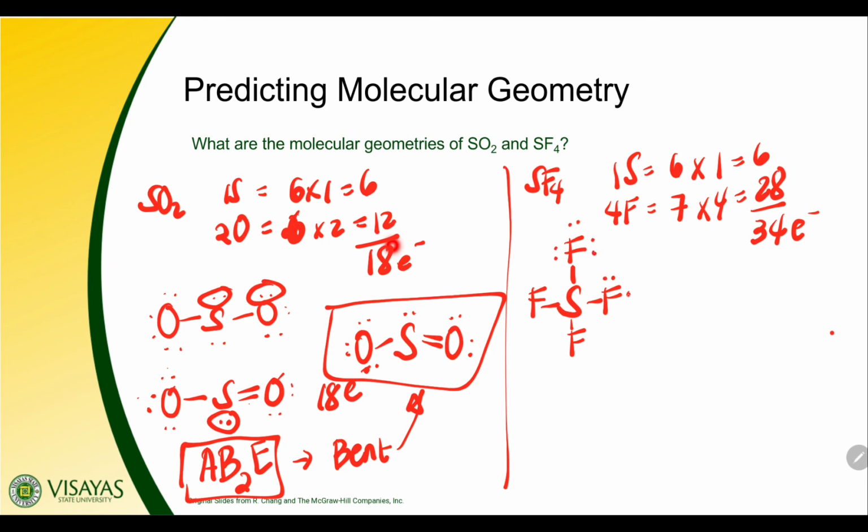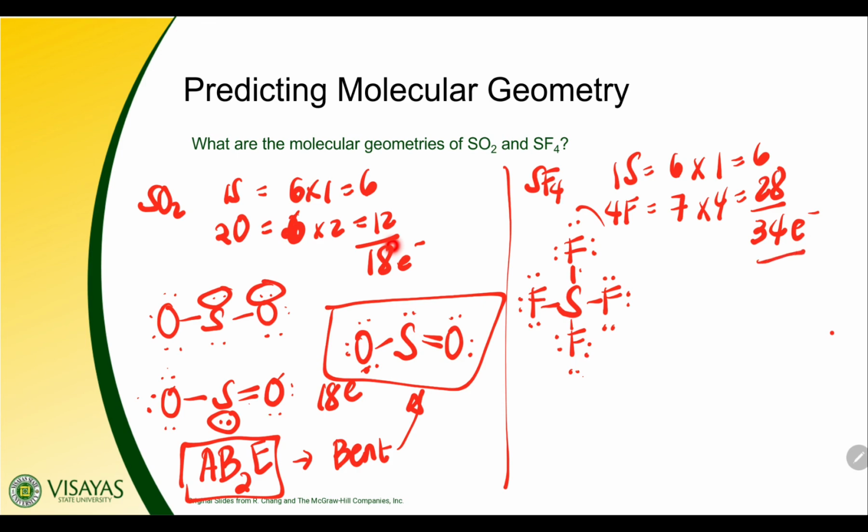This is the same for all the fluorine atoms in the structure. Okay, now let's count the number of electrons. We have 2, 4, 6, 8 for this, another 8, another 8, another 8. So we have 32 electrons in total, but our computed valence electron is 34.